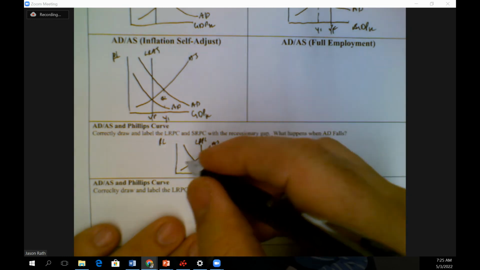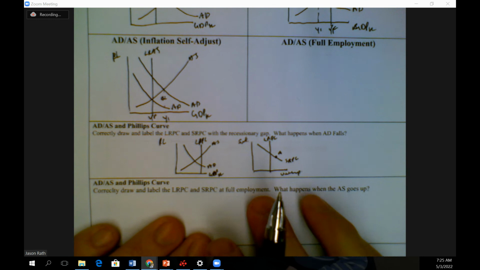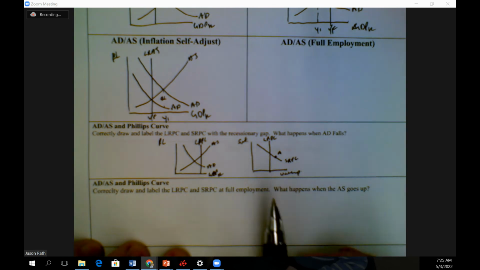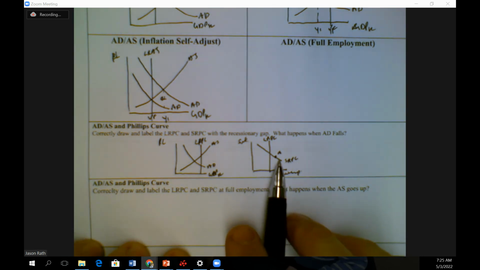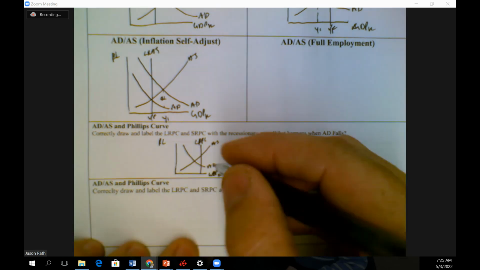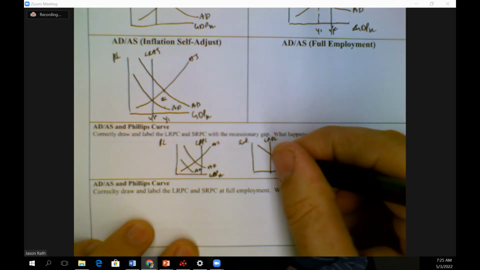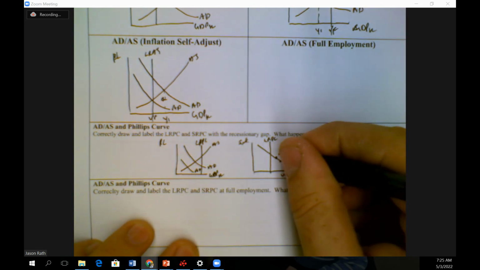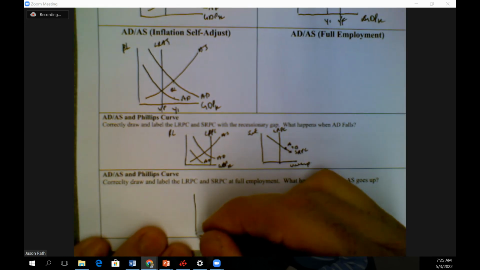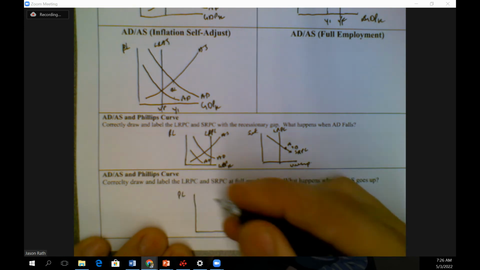And if aggregate demand falls, what's going to happen then? It'll move right. Not a great example, but now let's do this one. So I'll just draw.